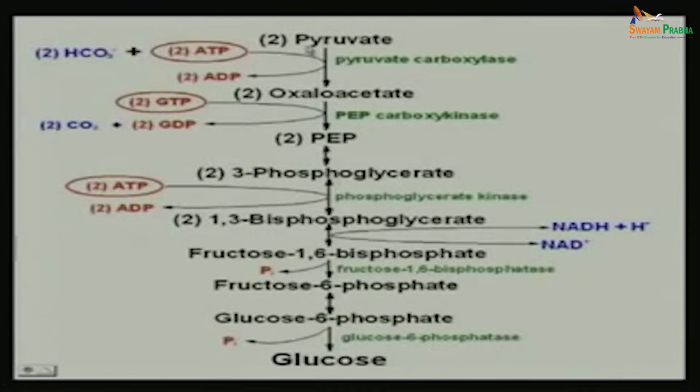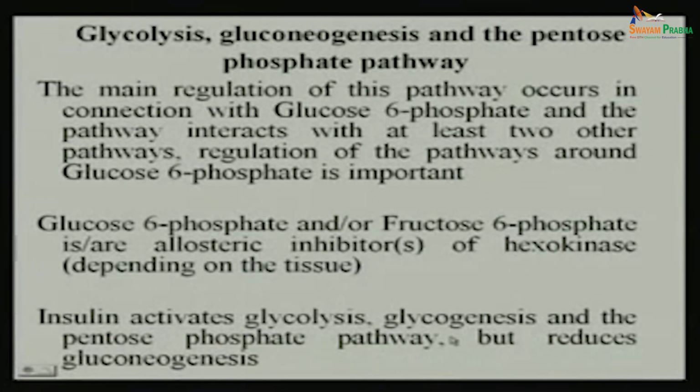So, if we see the reversal of this particular reaction, pyruvate is getting converted to glucose, and here are the bypass reactions, which are different from the normal conventional reactions.